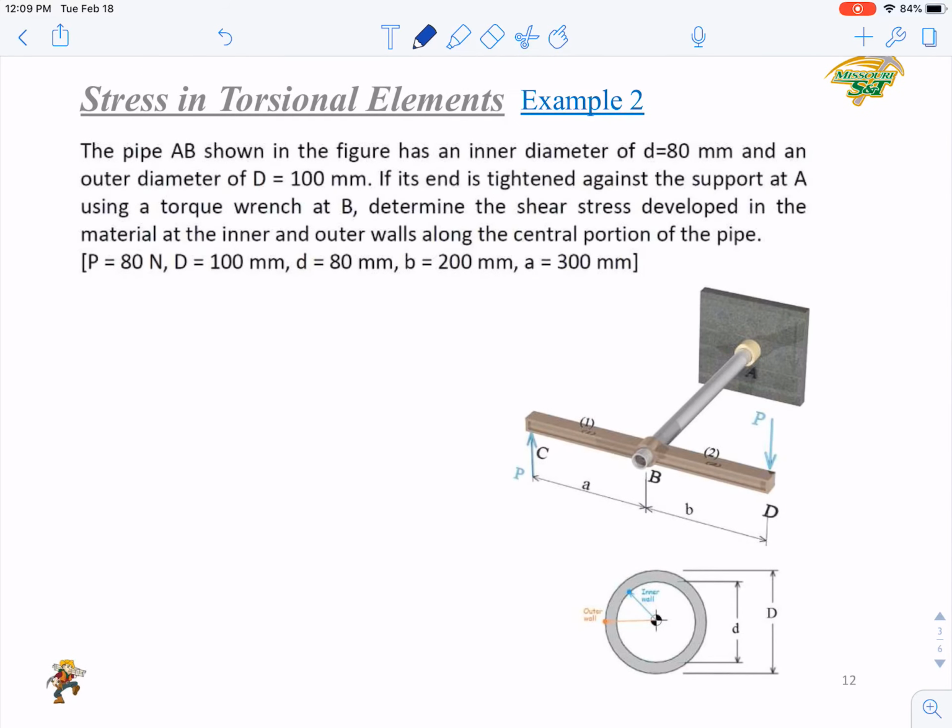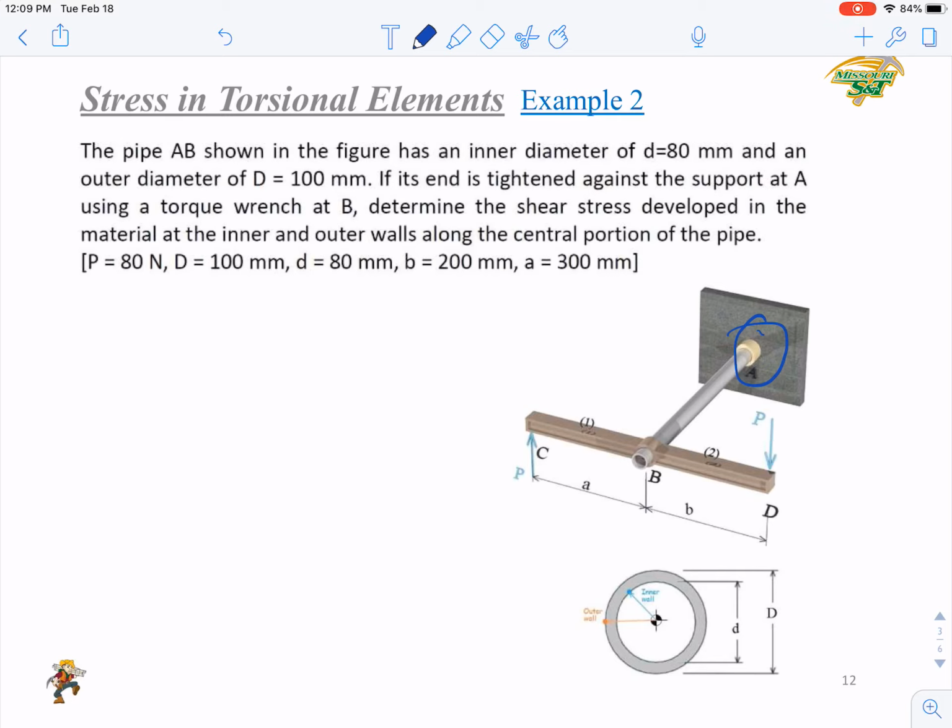Our example 2, we can look at the structure here. The structure looks similar, but actually is a little bit different. The pipe AB shown in the figure has an inner diameter D equals 80 millimeter and an outer diameter 100. If the end is tightened against the support at A, it cannot move at all, cannot be rotated.